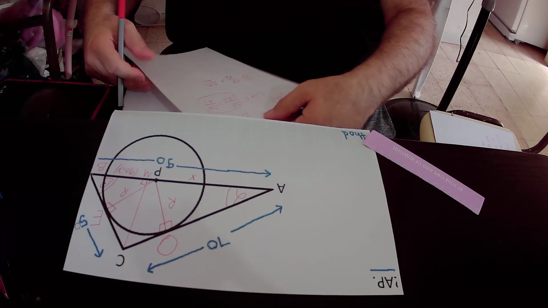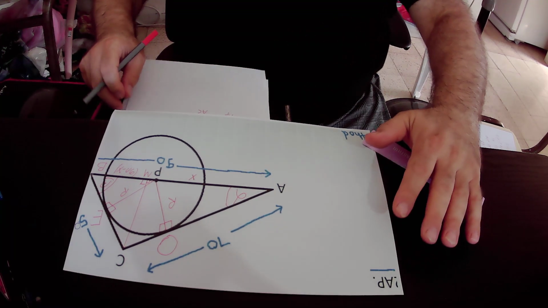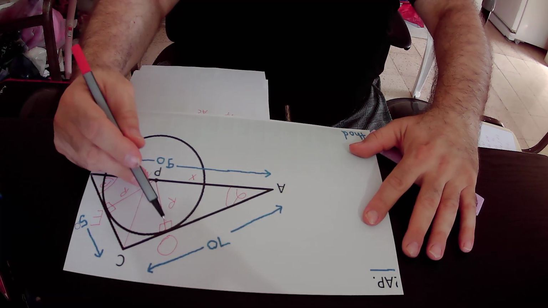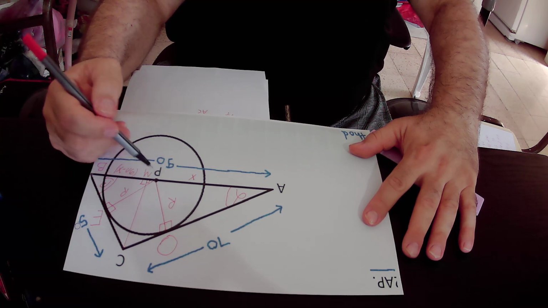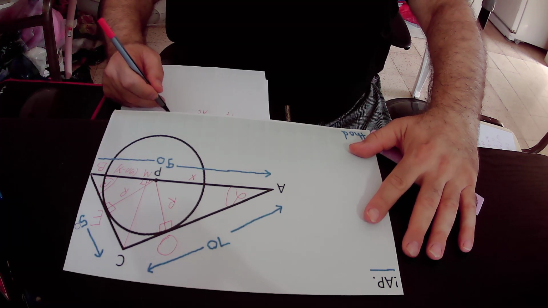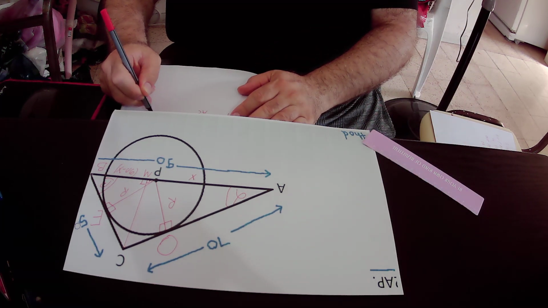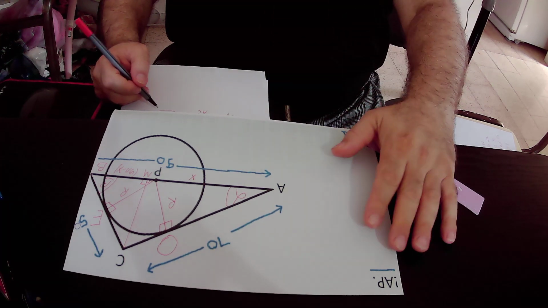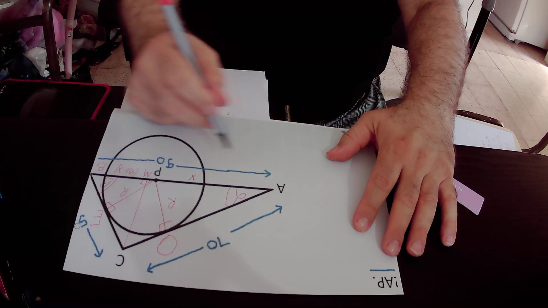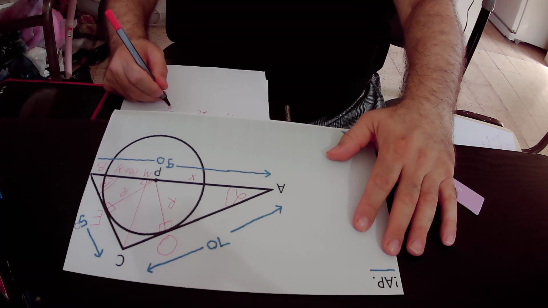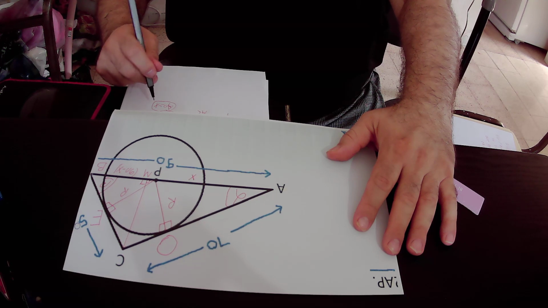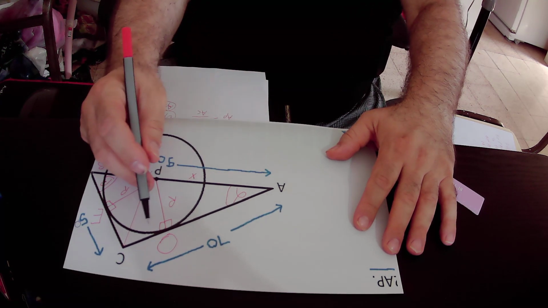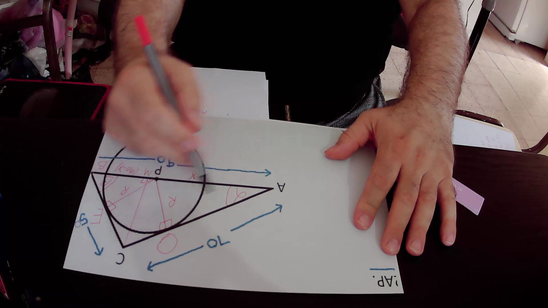But as you can see from the picture, OP equals the radius of the circle. So we can write down that OP equals R. And also we defined AP as x, AP equals x. And AC is given to us in the question.